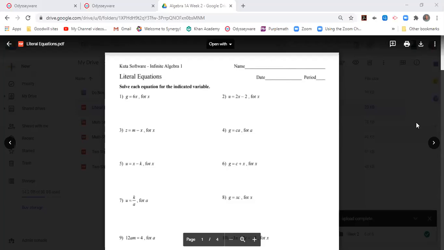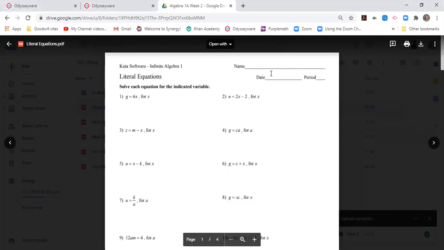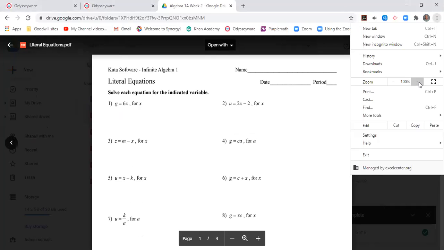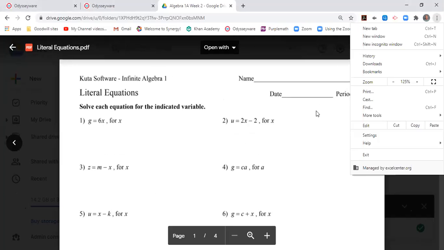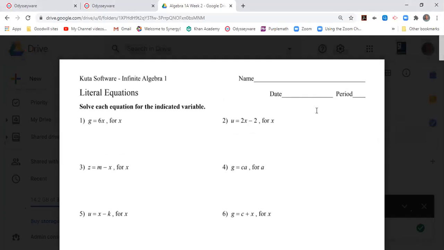I want to spend a little more time today talking about these literal equations, because these are the kind of things that a lot of people struggle with, not just you all, but in general. There are patterns involved here.